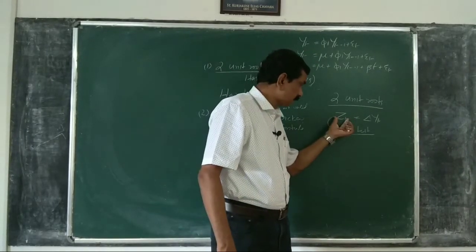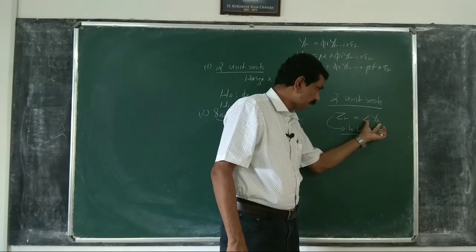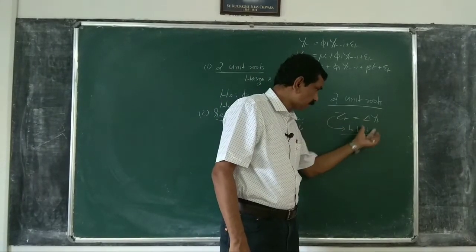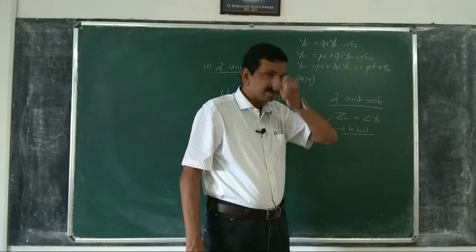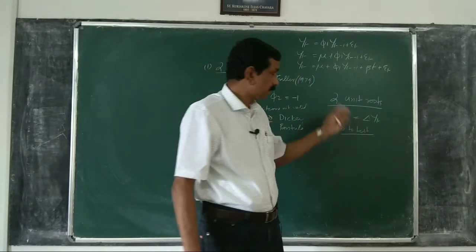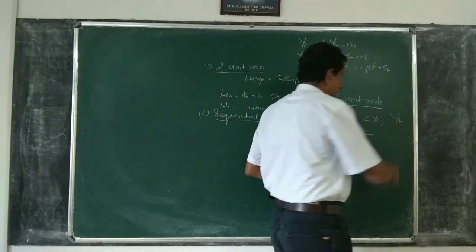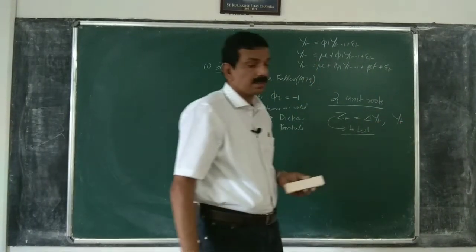You are testing for one unit root in delta yt, and that is based on the assumption that there is one unit root in yt.